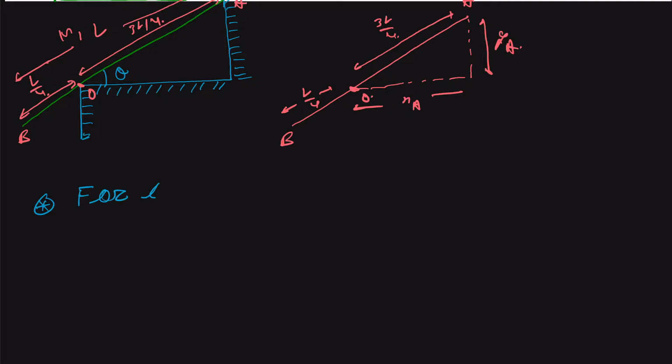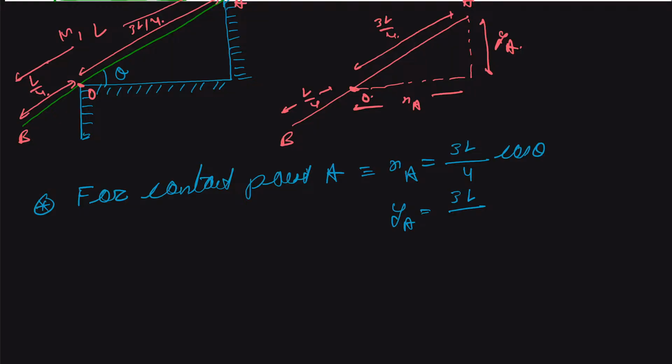For contact point A, we can write that XA will be equal to 3L by 4 cos of theta, and YA will be equal to 3L by 4 sin of theta.